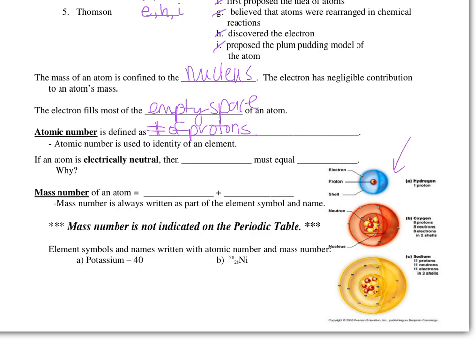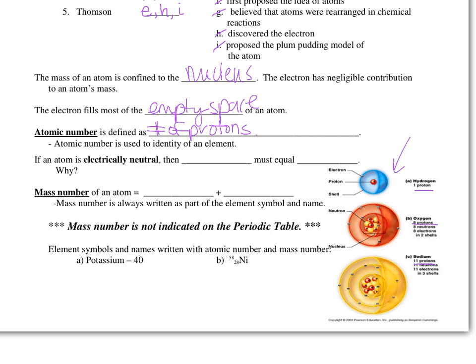If you look at the examples over here to the right, you can see that hydrogens have 1 proton, oxygens always have 8 protons, and sodiums always have 11 protons. So we can use protons, which is the same thing as the atomic number, to identify it. And on a periodic table, that's the number that you're going to see written at the top of each individual element.